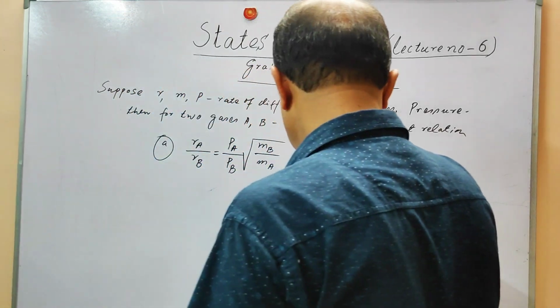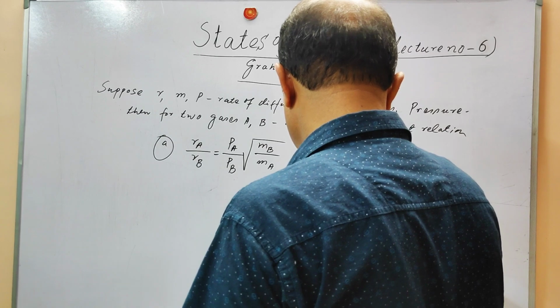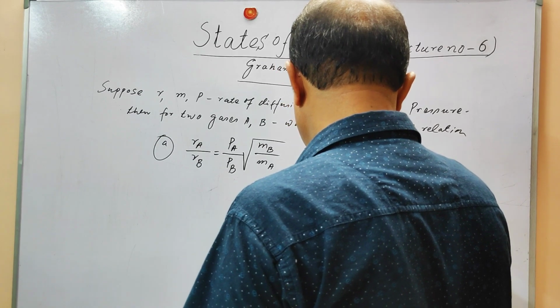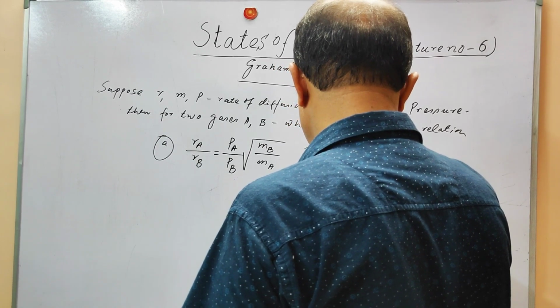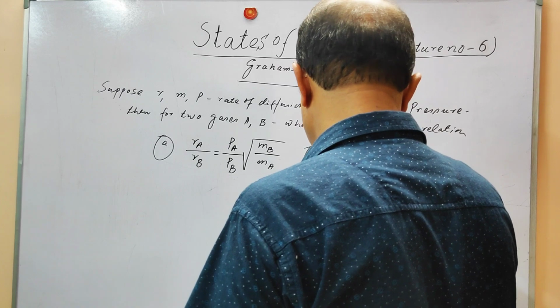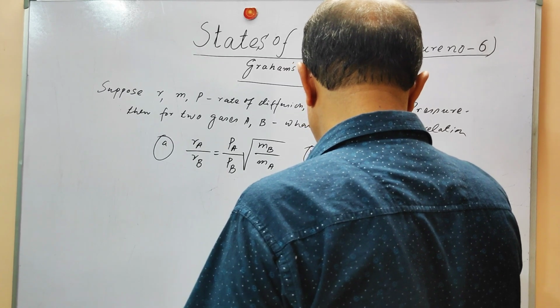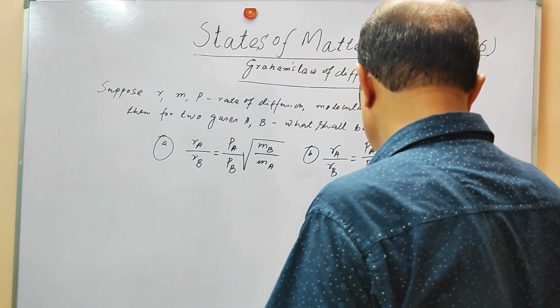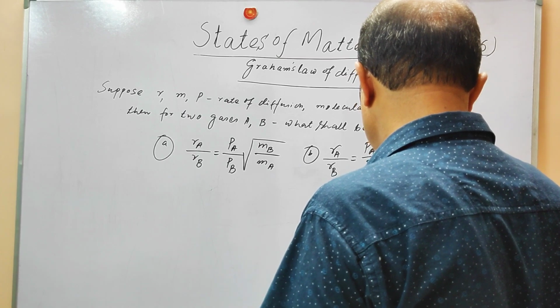Second option: RA by RB equals PA by PB, MA by MB.